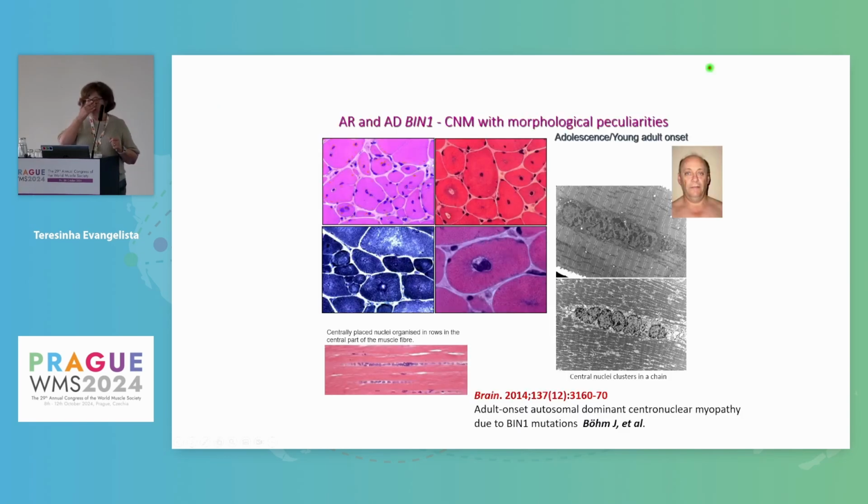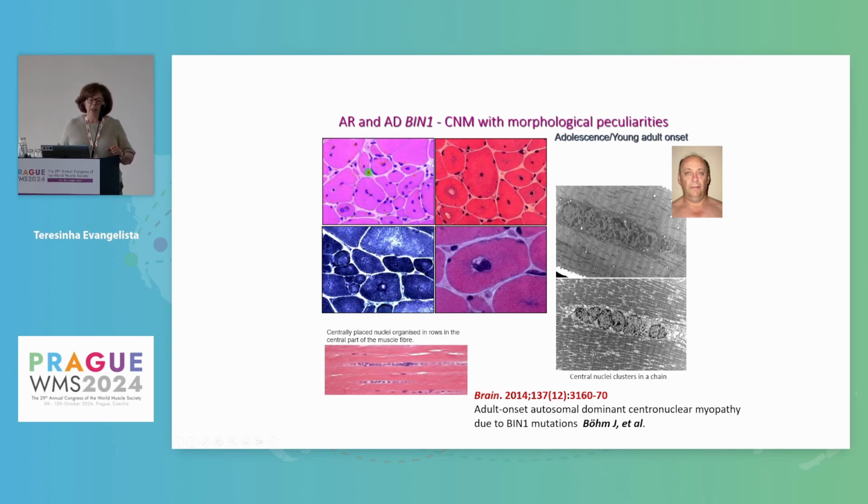And usually when we talk about congenital myopathies, we think about children. Don't forget that adults also have congenital myopathies, and sometimes it's more difficult to think about a congenital myopathy in an adult, and the biopsy can be the solution here.